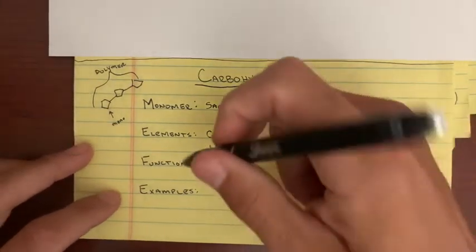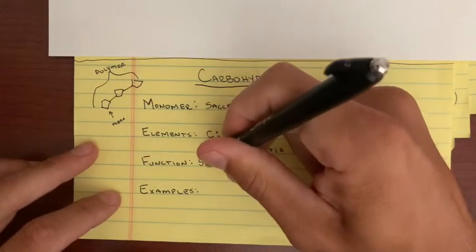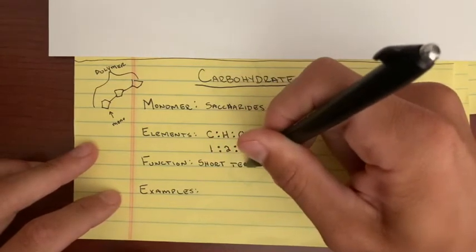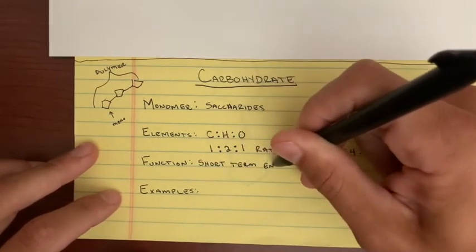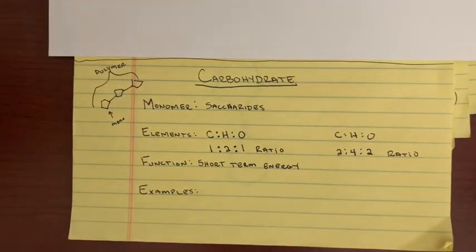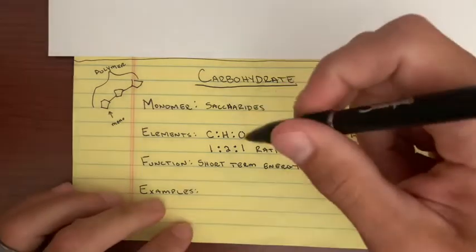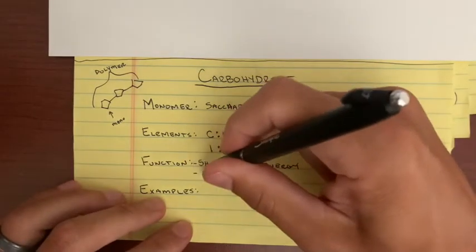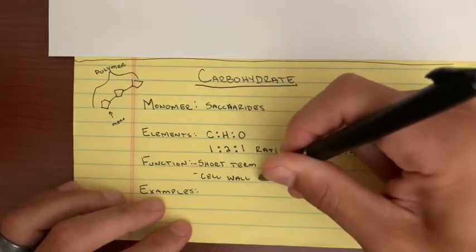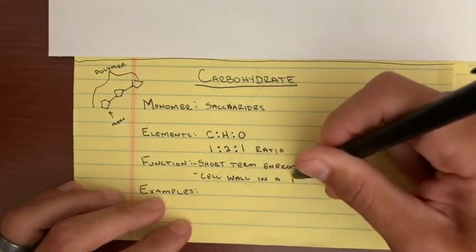And the function is short-term energy. Okay, carbohydrates are short-term energy. And also they are the cell walls in a plant. So they are the cell wall in a plant.